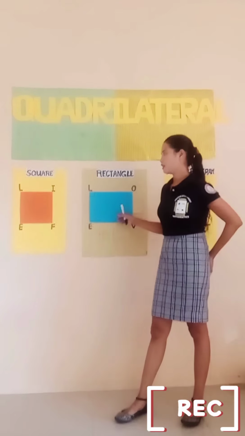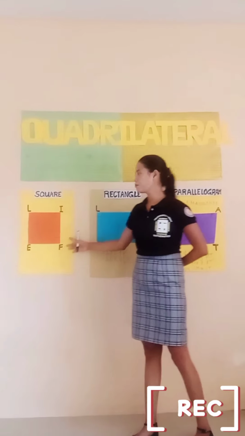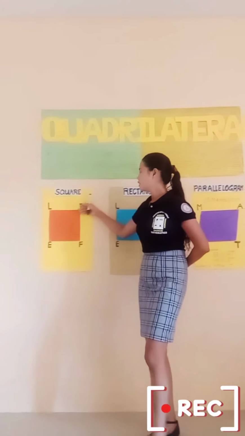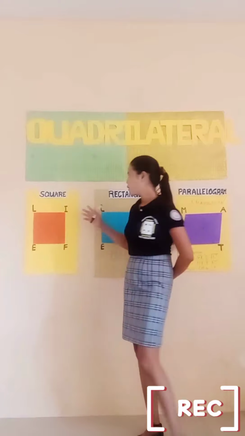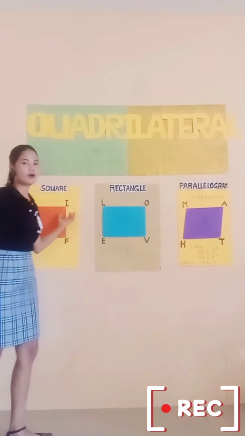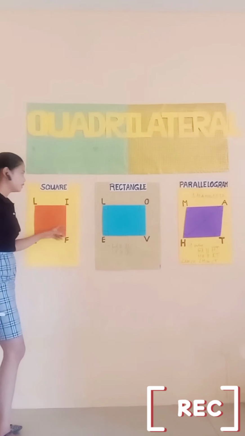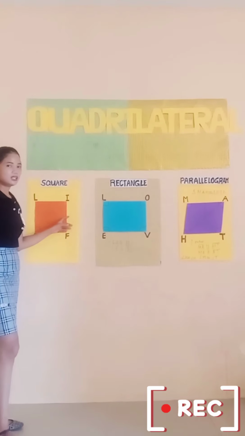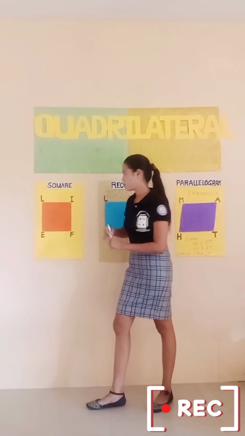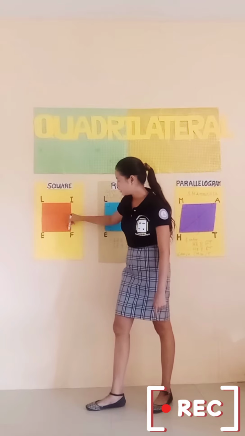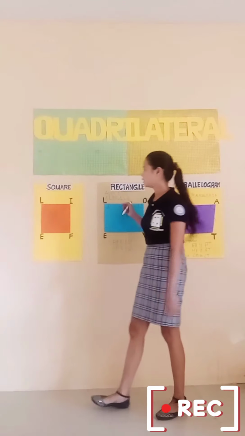And this special case of a rectangle, the square, is also a parallelogram, for the sides are parallel to each other. The only difference is their angles. The diagonals of the square bisect each other like the rectangle.